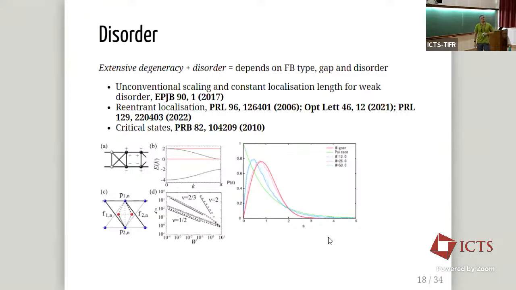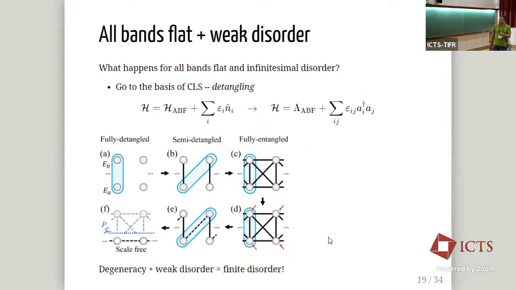What we were curious to understand is, well, is that all, or can we understand it in a more systematic way? We took the all-band flat Hamiltonians, or rather the generator that allows us to sample the entire manifold. We consider the case of adding weak disorder and understand what is happening.